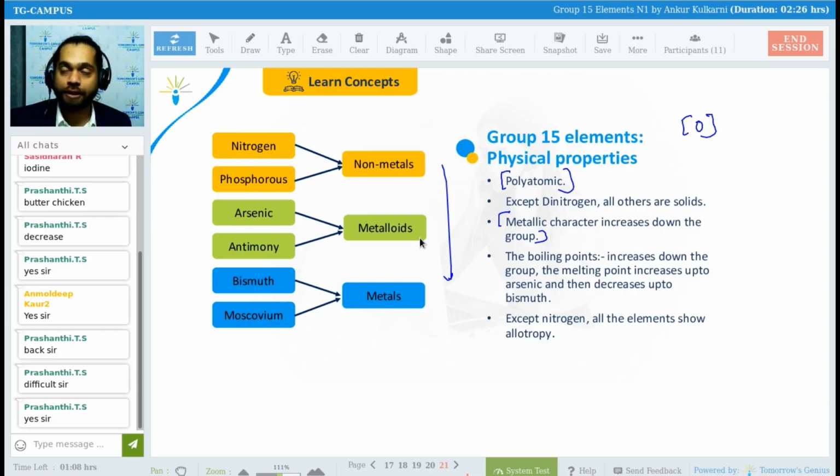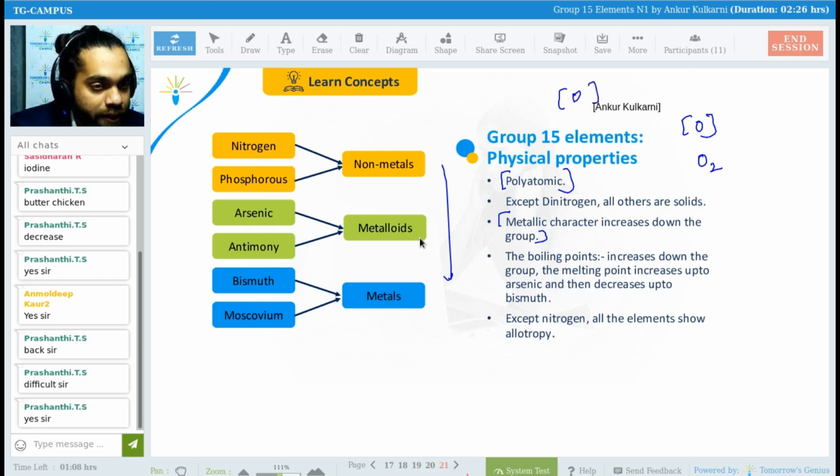Oh my God, do we breathe ozone? Ozone is polyatomic. Now over here, when I say oxygen, I mean O2. We breathe O2 gas. O will never exist as a single atom. Always and always you will find oxygen as O2.